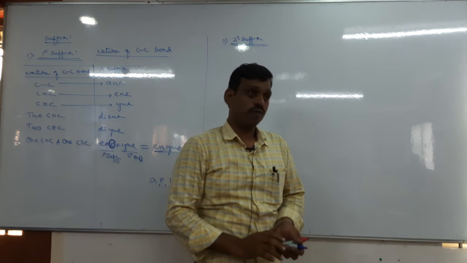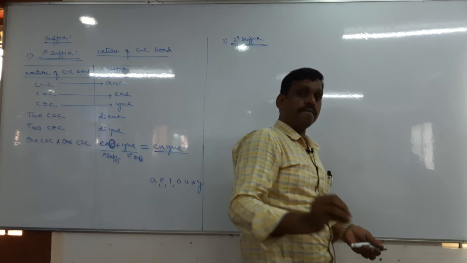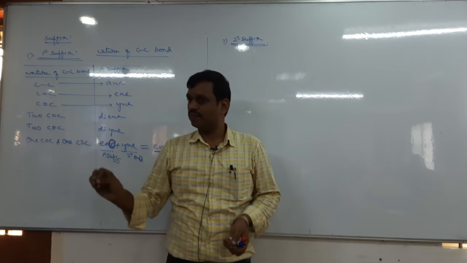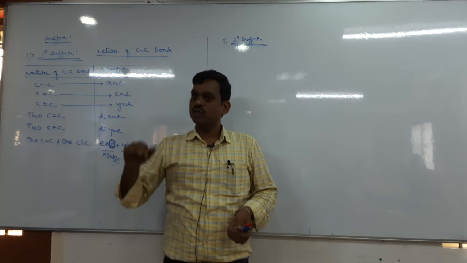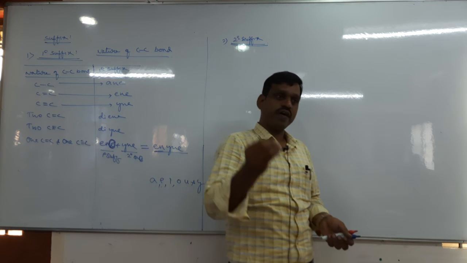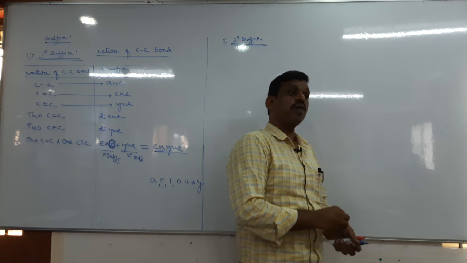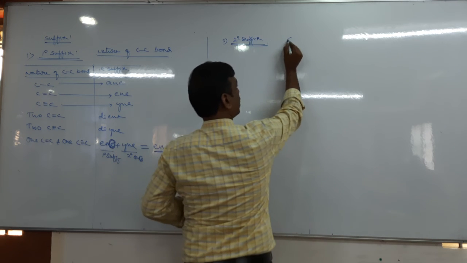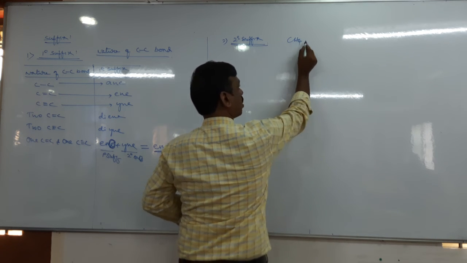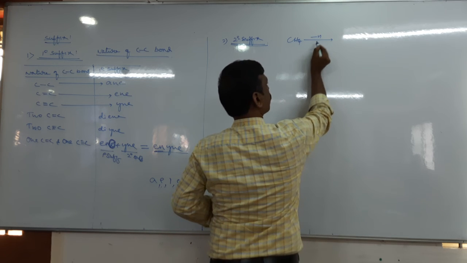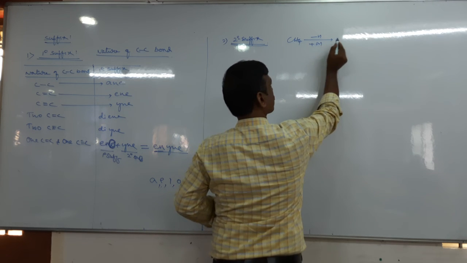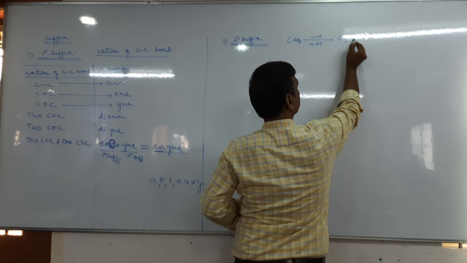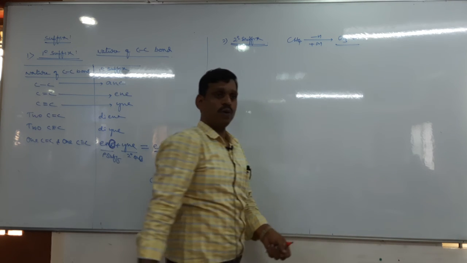Then what is a functional group? A functional group may be an atom or group of atoms which decides the property of the organic compound. For example, take methane, a hydrocarbon. In methane, remove one hydrogen and add OH. It becomes methyl alcohol, methanol.